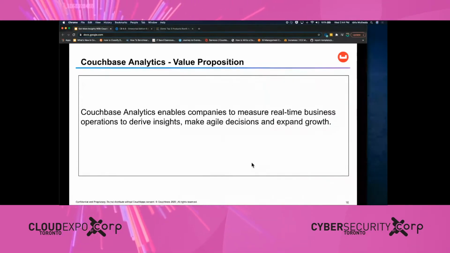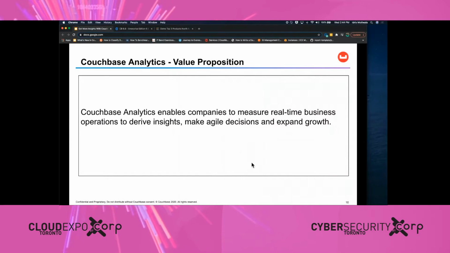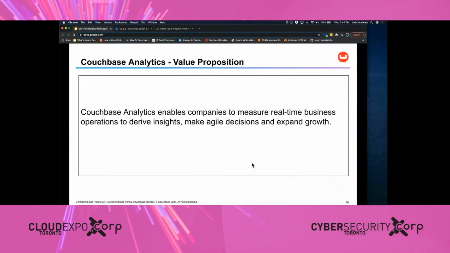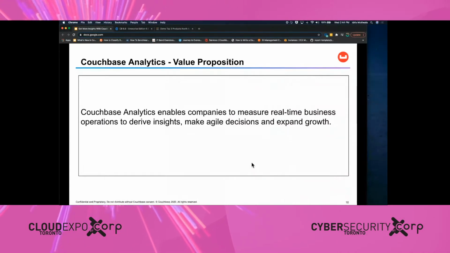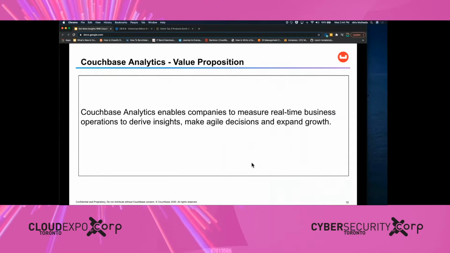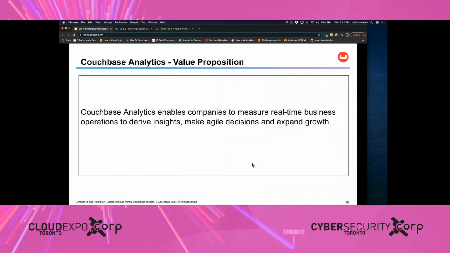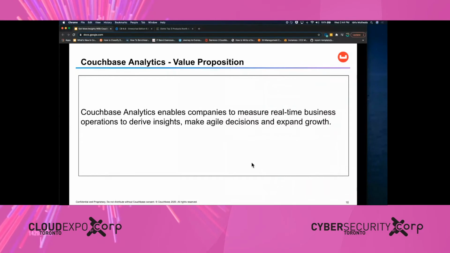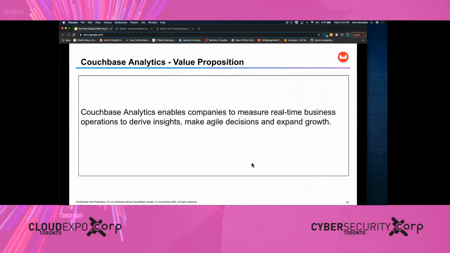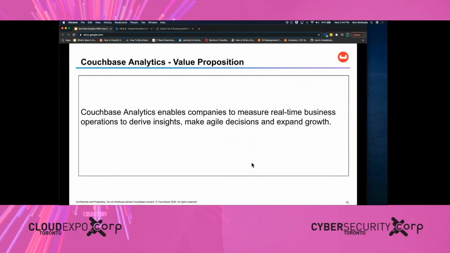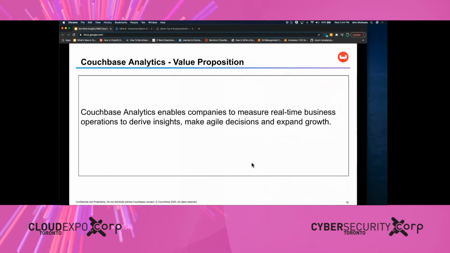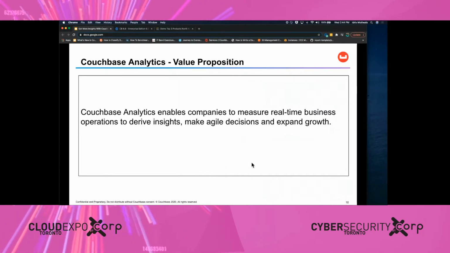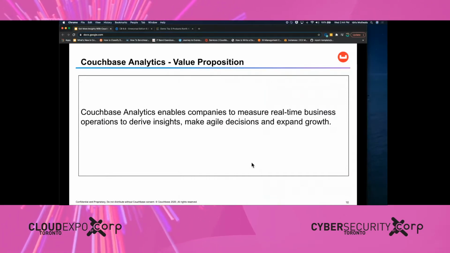This is a new combination of database workload and system demands to achieve competitive advantage for the modern enterprise. So we enable faster decisions and help expand growth in new customers and new products, launching a new product in the market, and time to market and time to insights is key. And that's where Couchbase Analytics plays a pivotal role in enabling that.